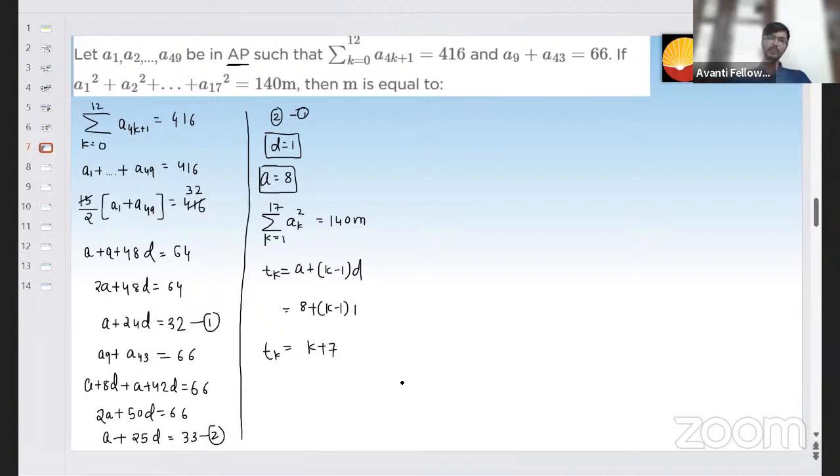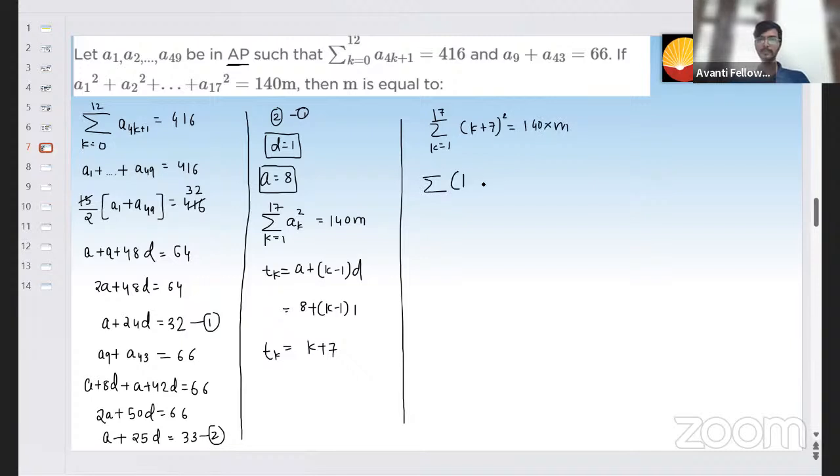Right? So what I have to find is the summation, k equals 1 to 17, of (k plus 7) the whole square, equal to 140 into m. So here the summation will be k square plus 14k plus 49 equals 140m.